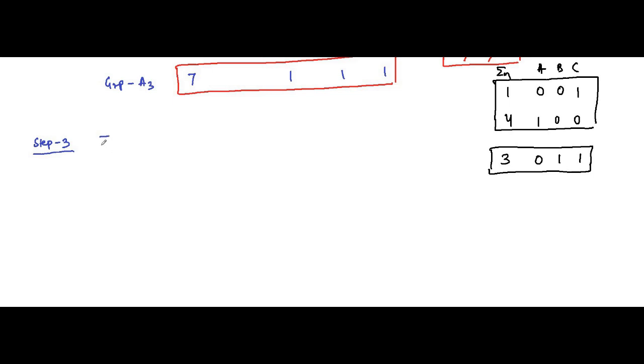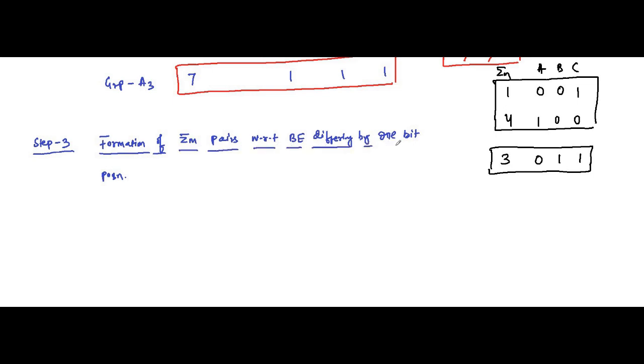Formation of minterm pairs with respect to the binary equivalents differing by 1 bit position. Please understand what I'm trying to say here. We have to form minterm pairs of these binary equivalents which we have, which differ by only 1 bit.